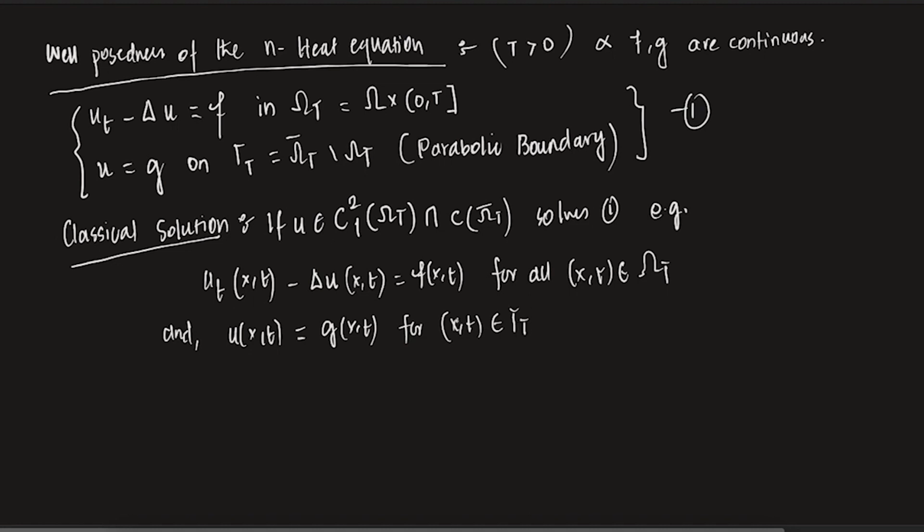So this should hold for all (x,t), and this should hold for all omega t. Then we say u is a classical solution of 1. Clear? Then you say it is a classical solution of 1.